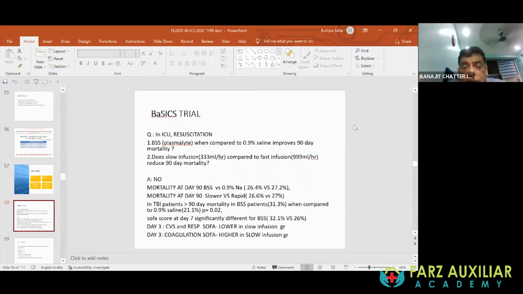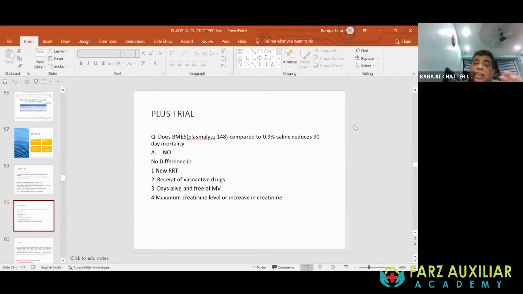This finding was so important in the BASICS trial. And on day 3, the cardiovascular and respiratory SOFA was lower in the slow infusion group. On day 3, the coagulation SOFA was higher in the slow infusion group. They may ask you questions specifically from these trials. They will see whether you have gone through these trials which have come beyond SSC 2021.